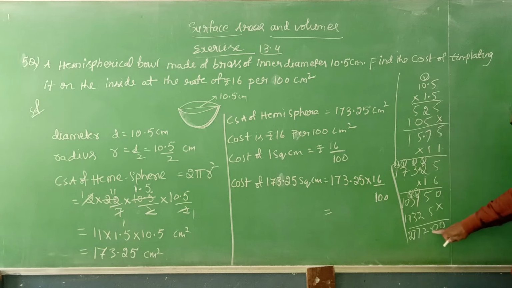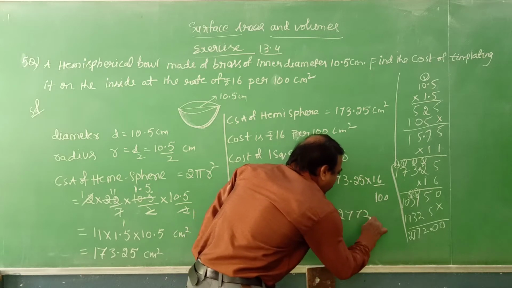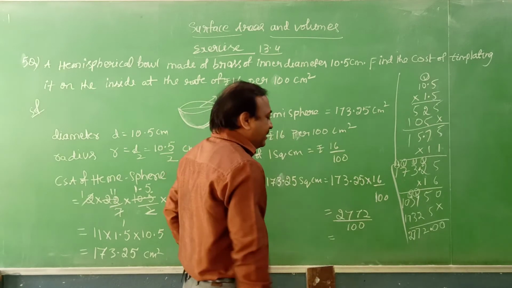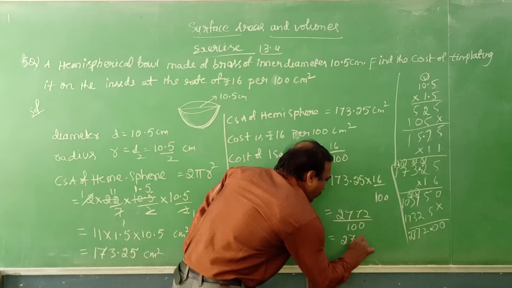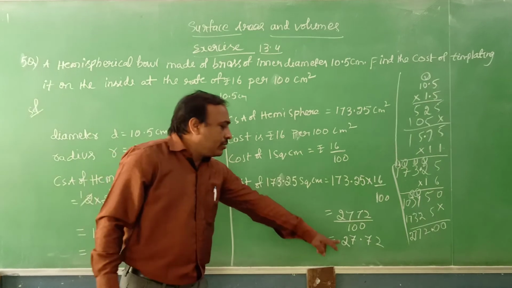The product is 2772 by 100, and when you convert this into decimal form it is 27.72. Therefore, observe it here, 27.72 is what?